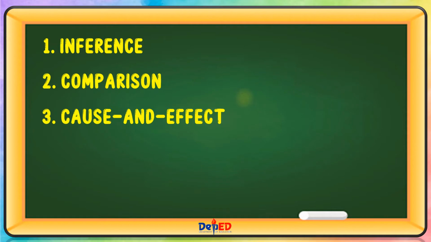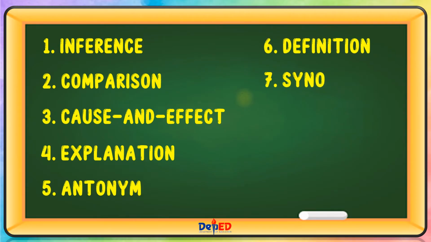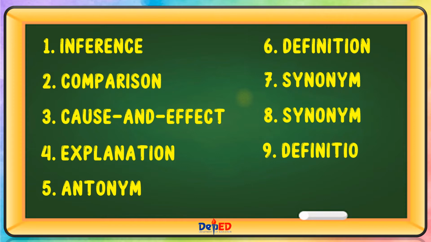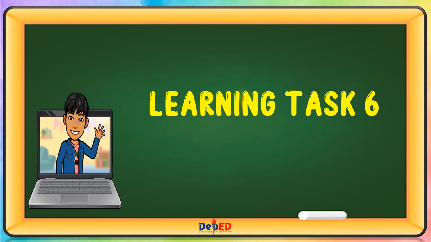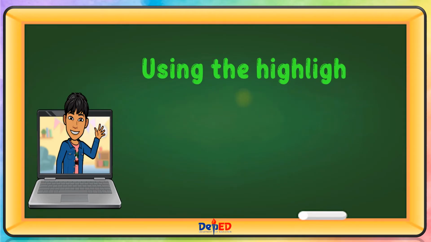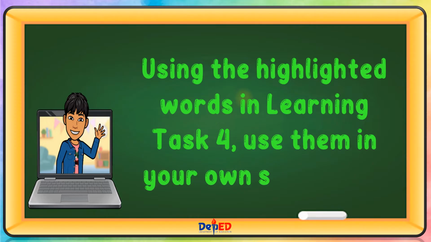Number 3 is cause and effect. Number 4 is explanation. Number 5 is antonym. Number 6 is definition. Number 7, synonym. 8, synonym. 9, definition. Learning Task 6. Using the highlighted words in Learning Task 4, use them in your own sentence.